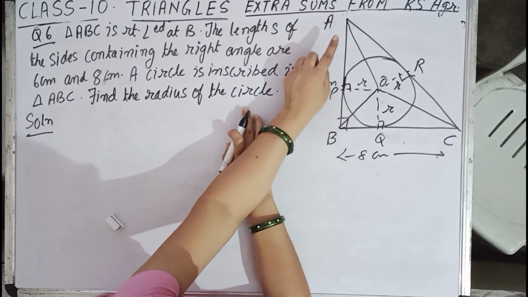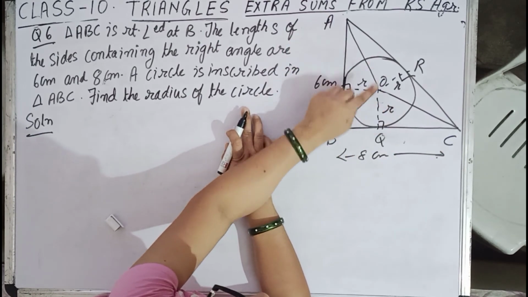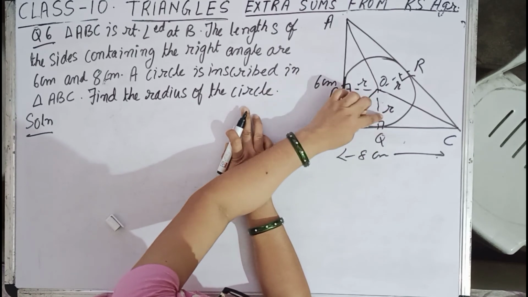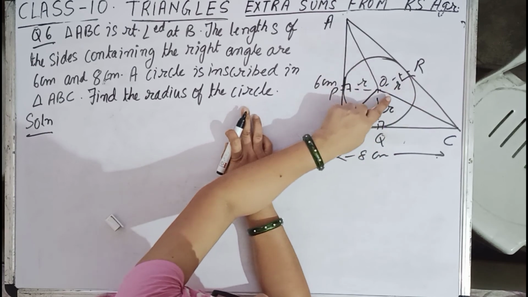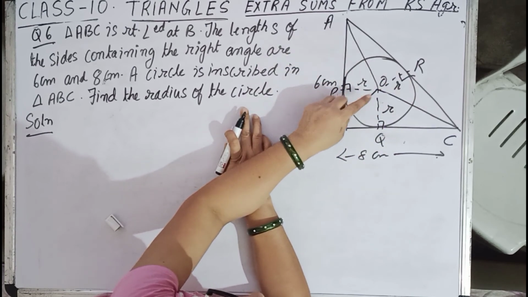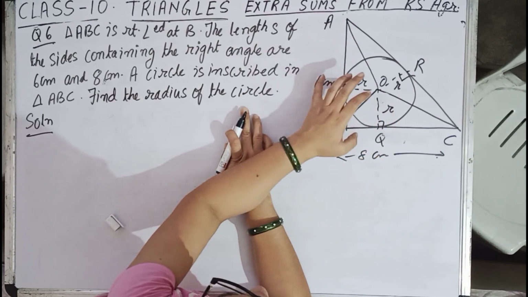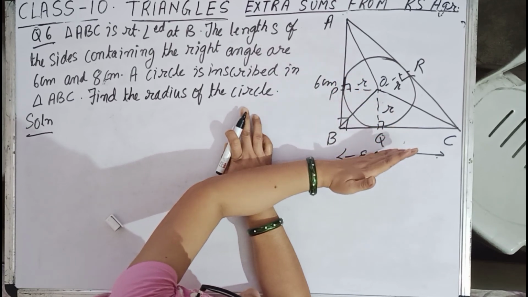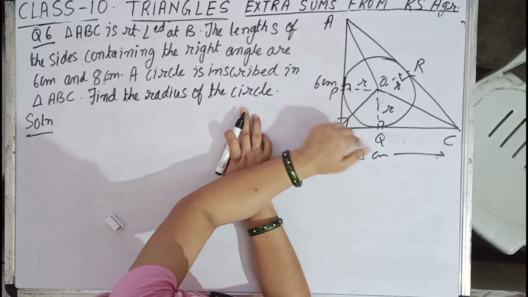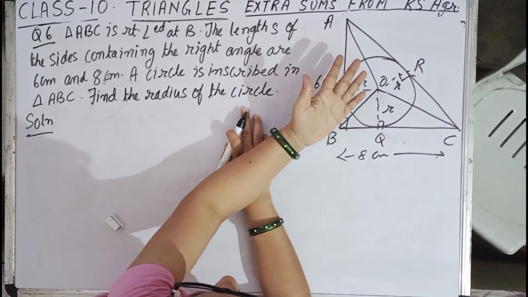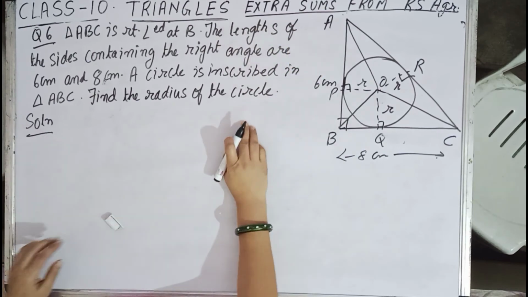When we find the area of these triangles, we use the radius: half into BC into R, half into AC into R, half into AB into R. Now only R is unknown and the three sides are known. We equate this to the area already calculated. On equating we get the value of R, and hence done. So let us proceed.